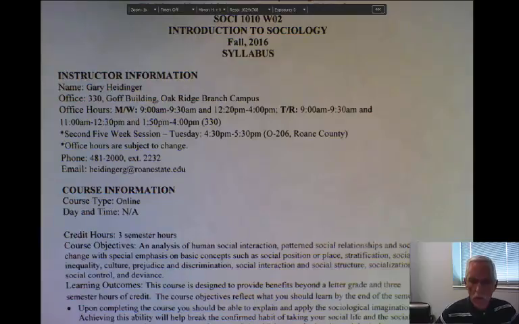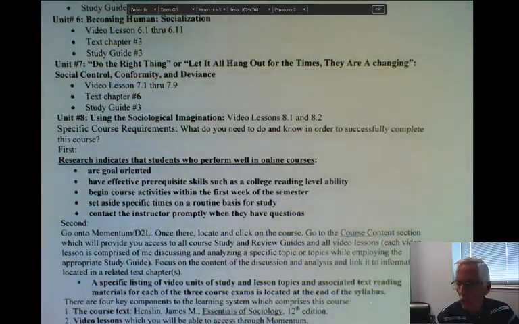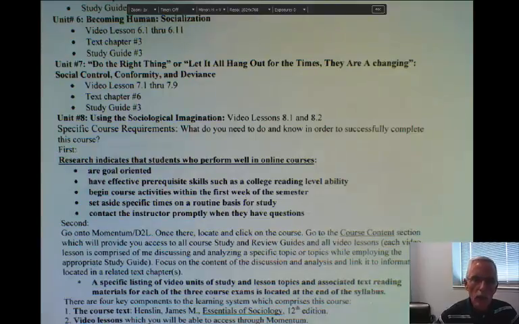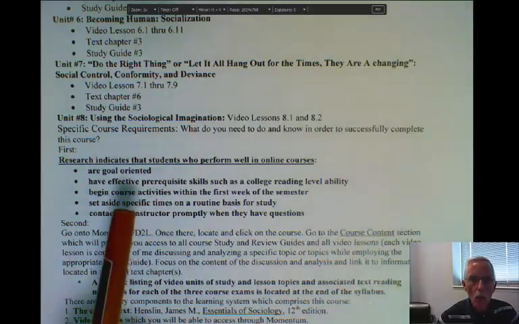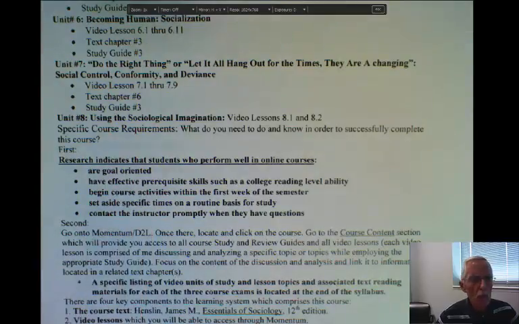In particular, pay attention, since this is a web-based class, an online class, to some information you'll find over on the third page. It relates to, again, what research has highlighted in terms of student success in online-based classes. These 5 points, bear them in mind, burn them into your memory banks.